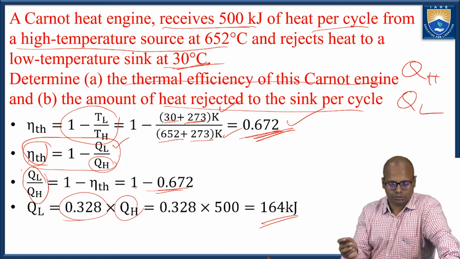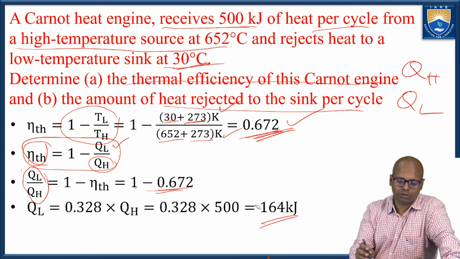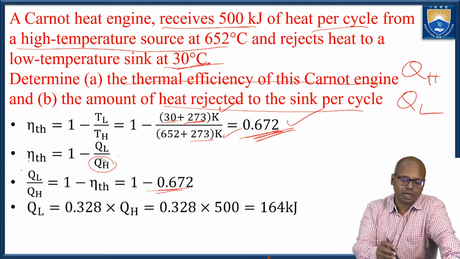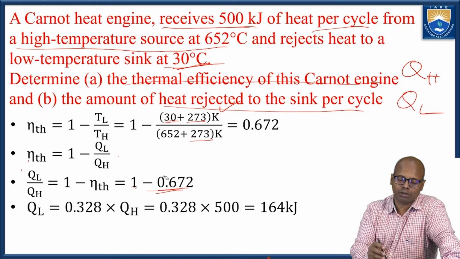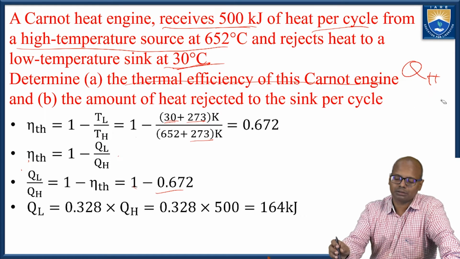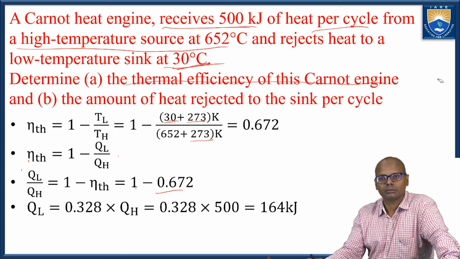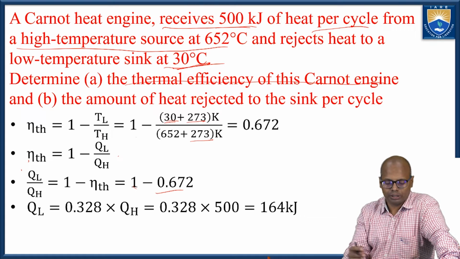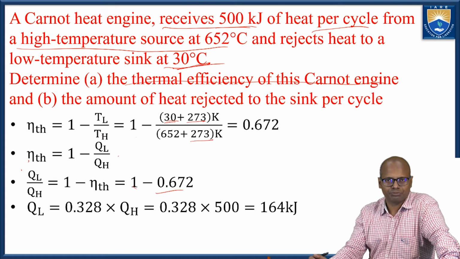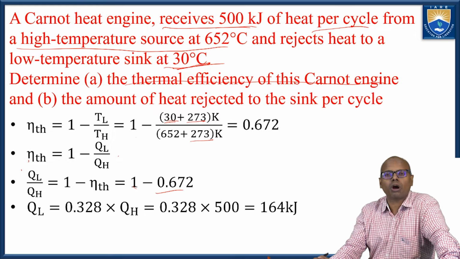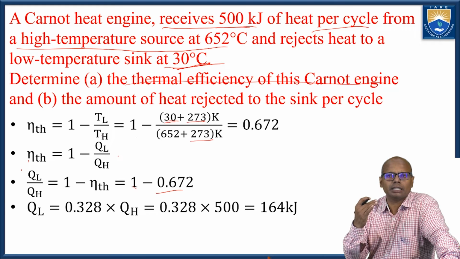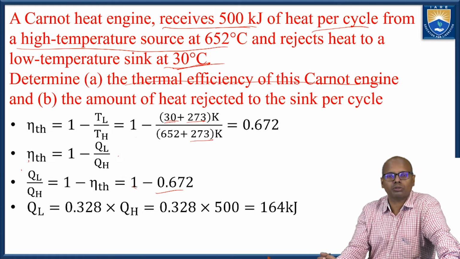Suppose he asks you for the net work output per cycle, how do you find it? Here in this question he has not asked for the net work output, but if he did, how do we find it?